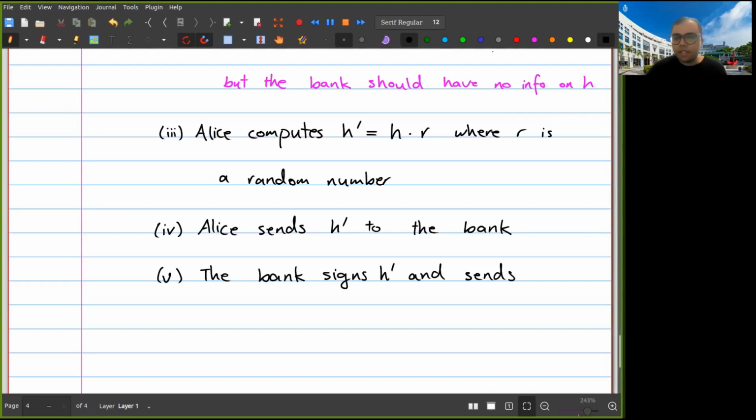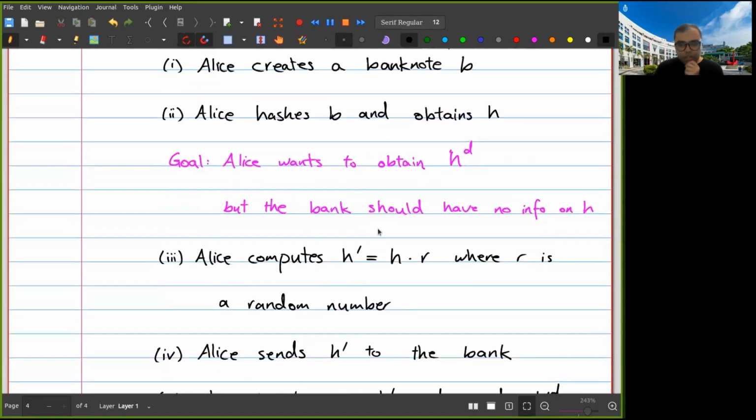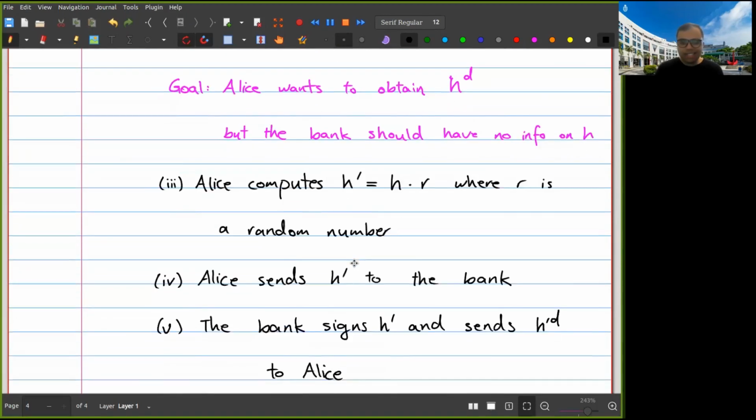Now, what is the signature? The signature is basically H prime to the power of D, because that's how you sign, because we're using RSA. So now Alice has H prime to the power of D, but remember she wanted H to the power of D. So H prime to the power of D is not that great.